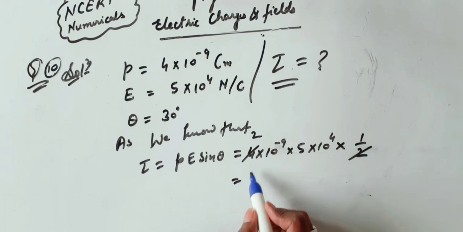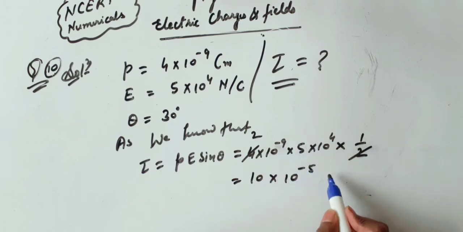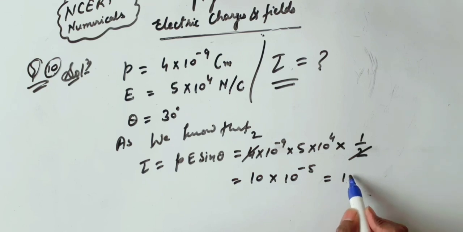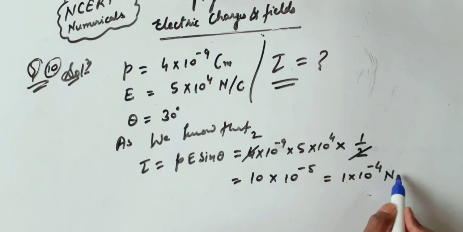So 5 × 10 × 10^-5, which we can write as 1 × 10^-4 Newton meter.